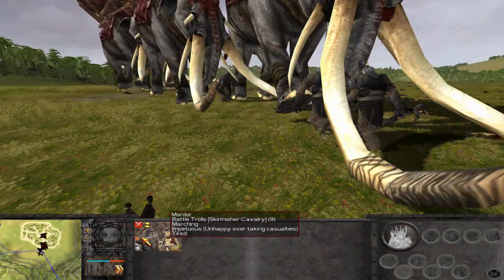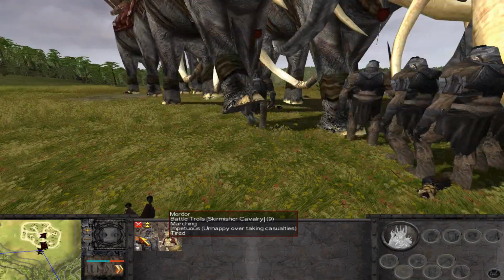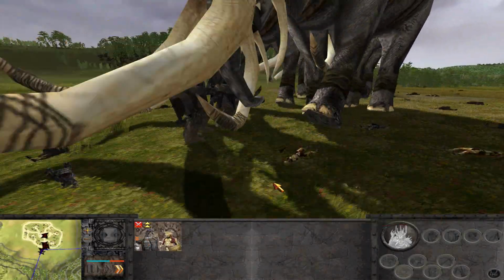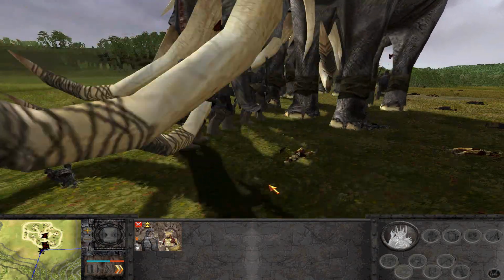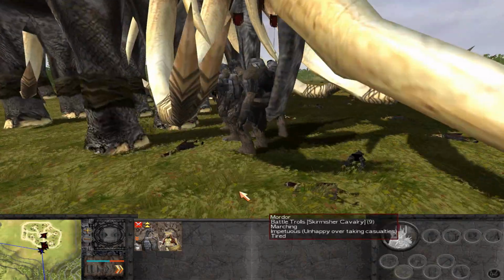It's just a matter of time. Fast forward on and it's still not over. It takes forever. Take out Mumakils melee or take out the trolls.